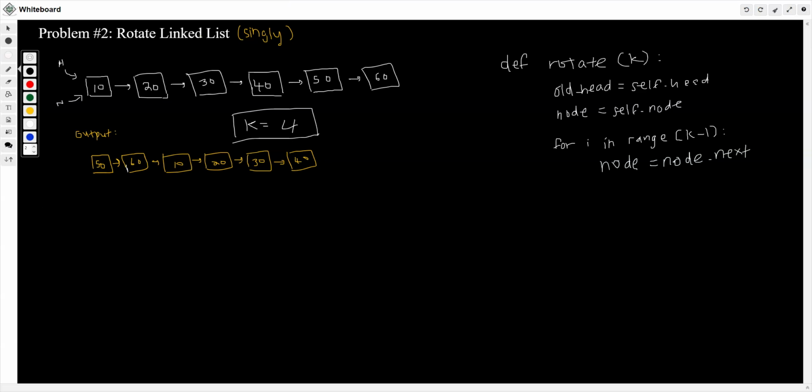So we need to worry about how we get 40 safely broken off from 50, and how we get 50 safely to the head. Because there's a new head at 50 and we can't break it prematurely, or we risk losing 50 and 60. So this part right here was hard.